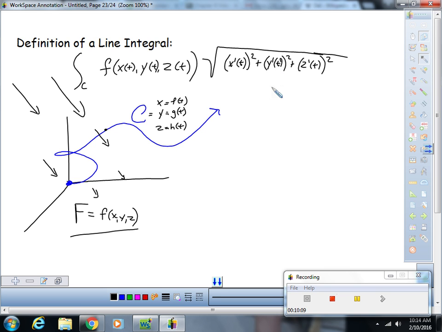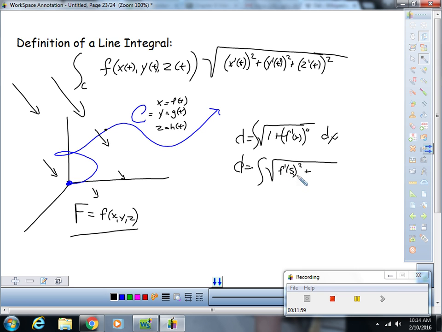And remember how we skipped that and just did it the same way we did in BC calculus, where distance is the integral of the square root of 1 plus f prime of x squared. There was an alternative way to do this, which was the square root of f sub x prime of s squared plus f sub y prime of s squared.